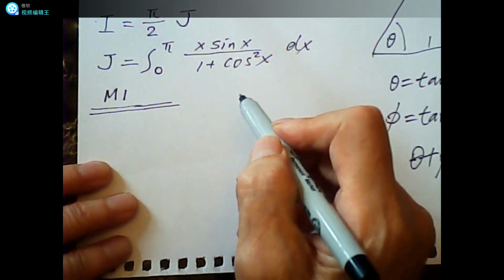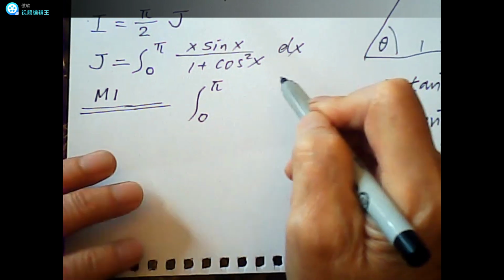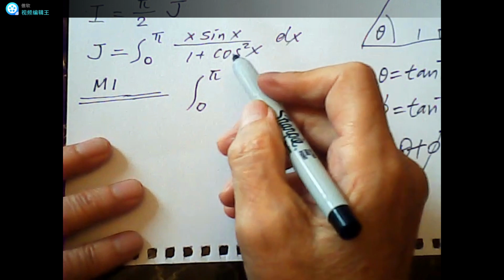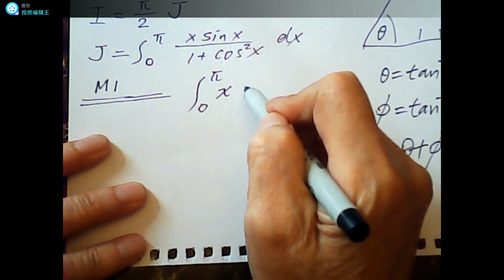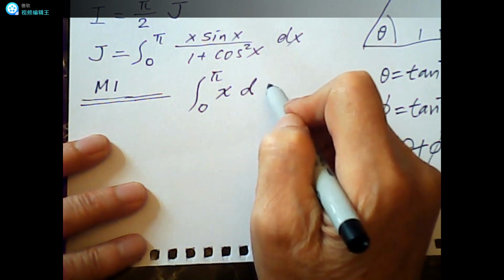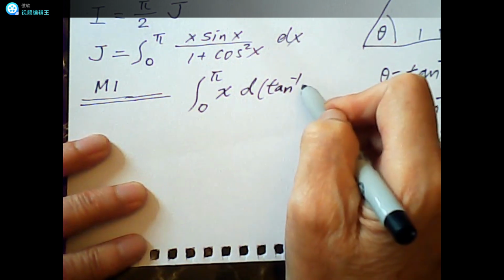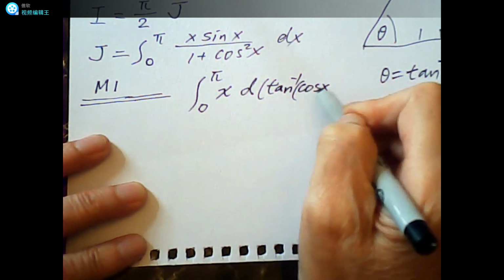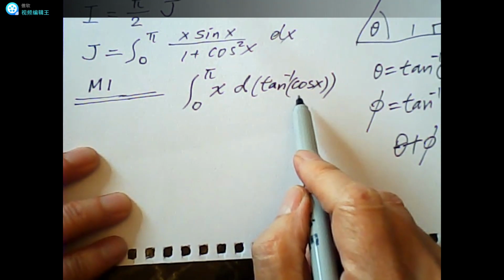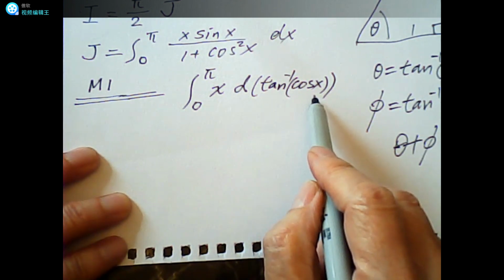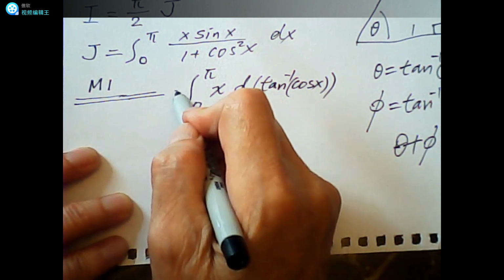I use this way. Okay, this is x. This one is the derivative of arctangent cosine x. This derivative is 1 over cosine square times the negative sign, right? I have put negative, so I put a negative outside.